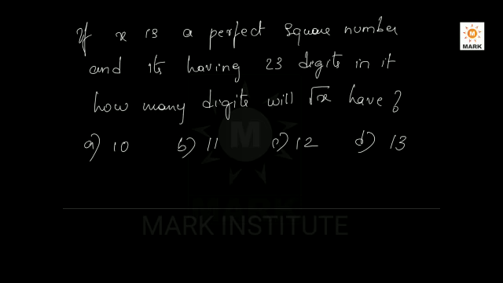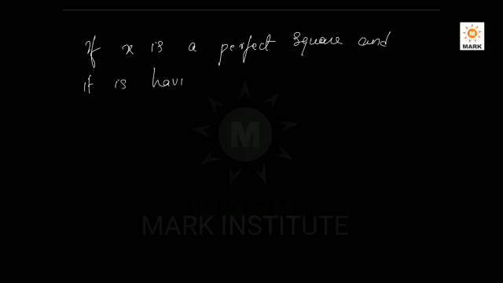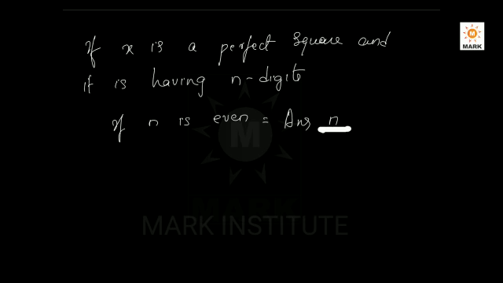There is a beautiful formula given to solve these kinds of questions. Friends, if X is a perfect square and it is having n digits, my dear friends, if n is even, that means 22, 44, any, then the number of digits that root X is going to have is directly n by 2 digits.